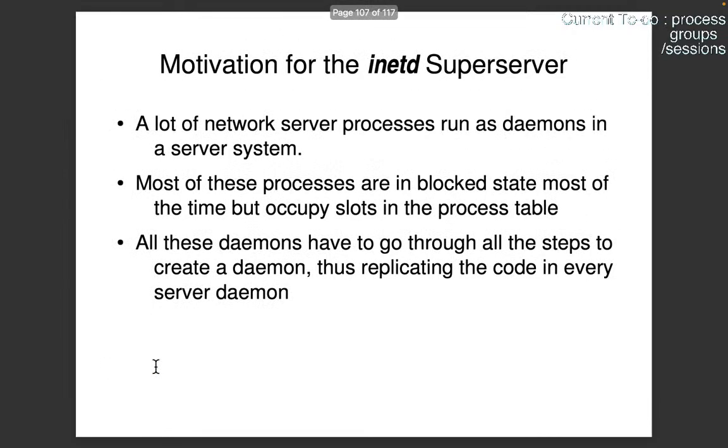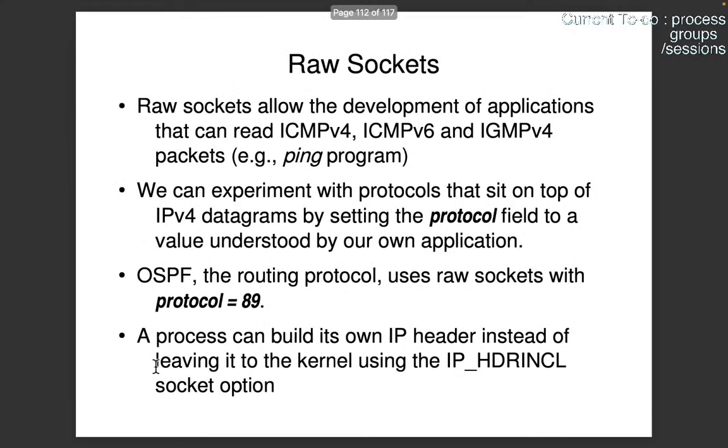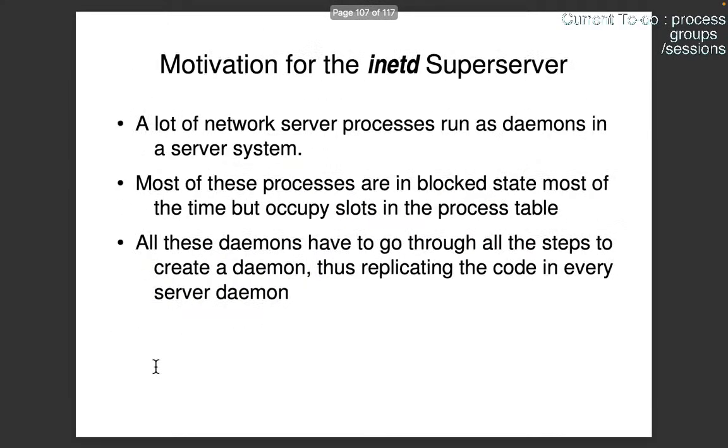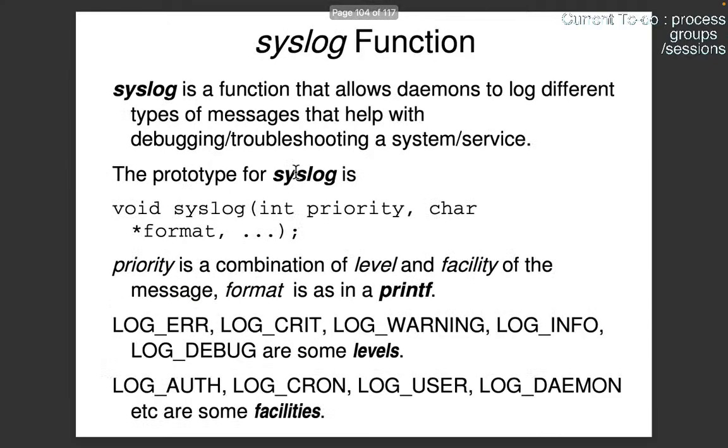And the syslog function, there's a lot of stuff here. It's a function that allows daemons to log different types of messages that help with debugging or troubleshooting a system service. The prototype is syslog(int priority, char *format, ...), and it can take more arguments.